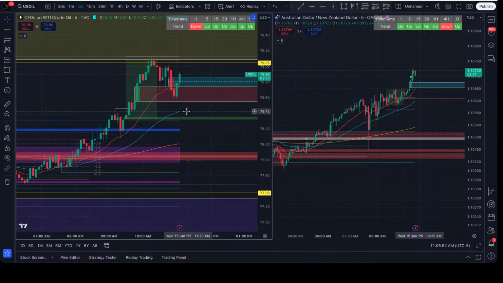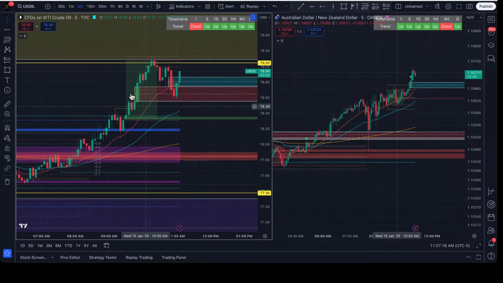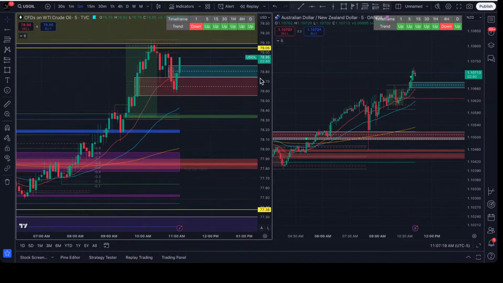Still waiting for that confirmation on oil. Remember, hit a fair value gap, create a fair value gap. It's always a good sign. We got 2 minutes 39 seconds left, so if this fair value gap stays open, this might just be reversing from this 20 EMA.